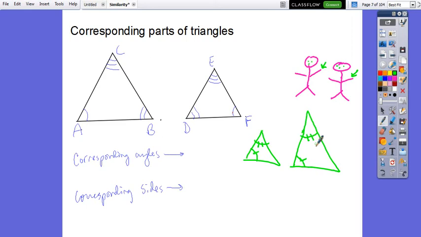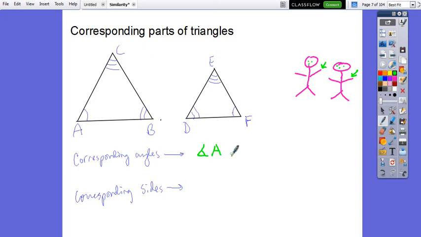All right, so corresponding angles. Let's list them. Okay, the corresponding angles are A and F. So we would say angle A and angle F. Look at the notation for angle. It's just drawing a little angle. Angle A and angle F. All right, so we already said what they are.